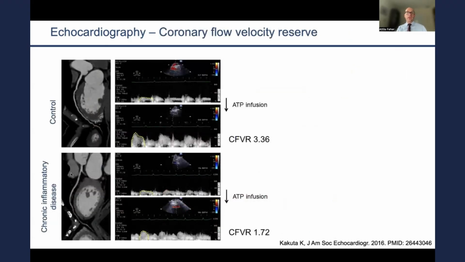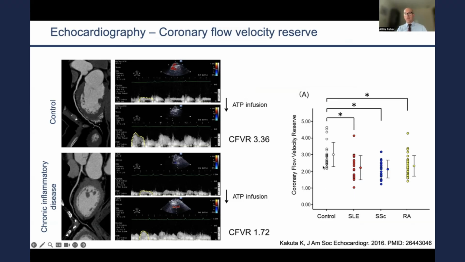You can also assess coronary flow velocity reserve. If you have a Doppler probe and you're able to find the LAD, then you can track the LAD and you can get the flow velocity reserve in response to certain stressors. It can be adenosine, ATP, or regadenoson. You see increase in the flow in the LAD, and you can calculate the flow velocity reserve.